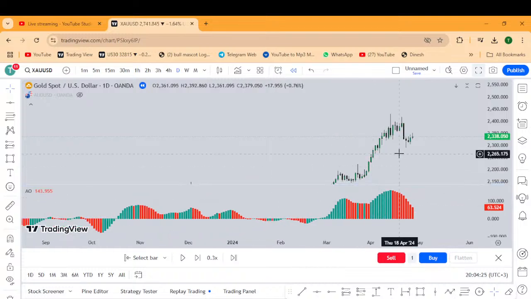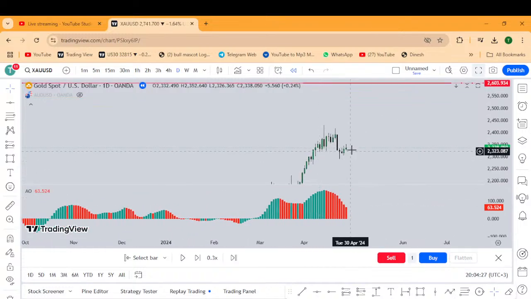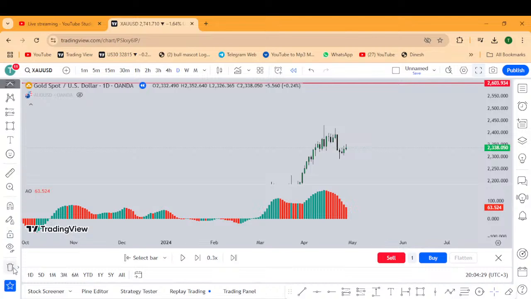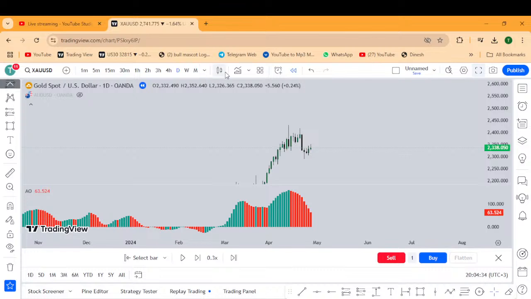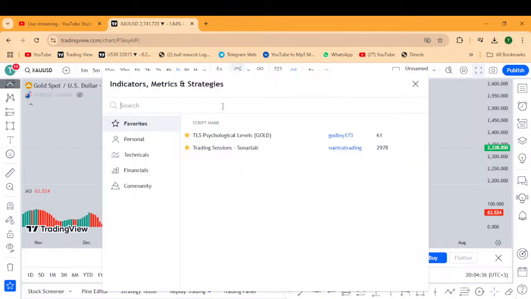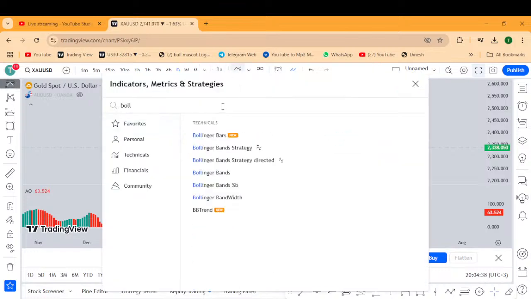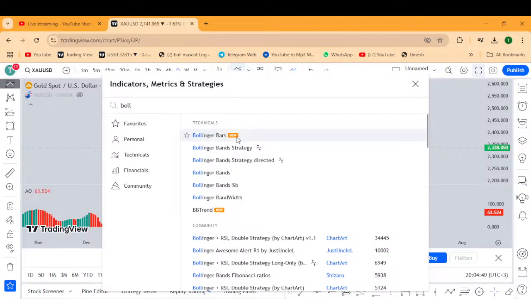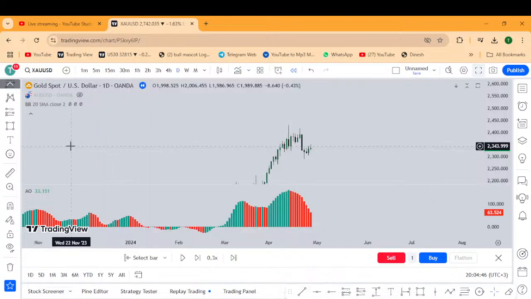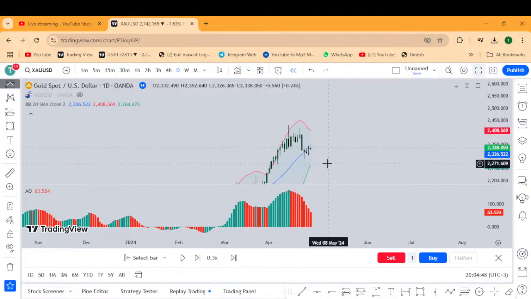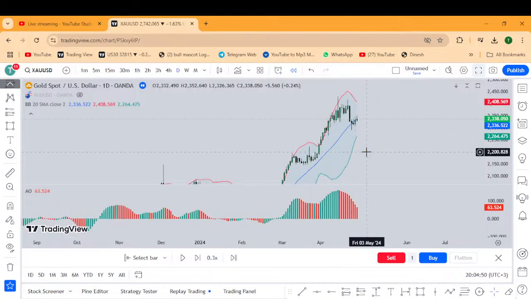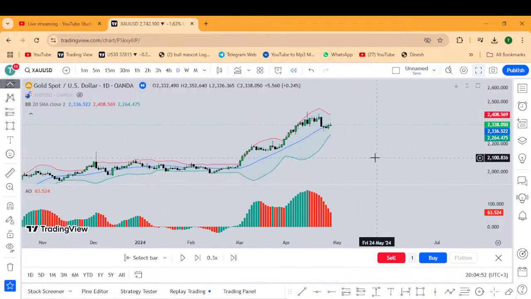And then I also use Bollinger Bands. They look simple but are very effective. So we have Bollinger Bands. Okay, good. These are my key indicators.